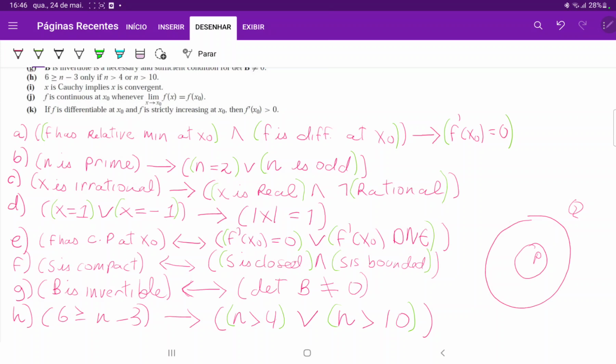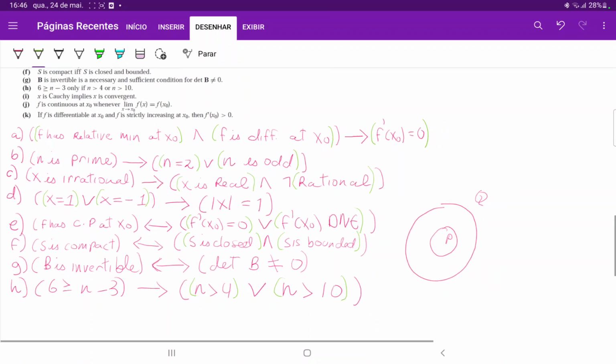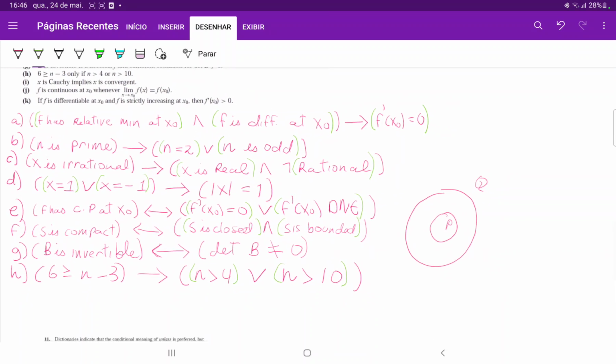All right, so all we're missing now is items I, J, and K. For item I, we have that X is Cauchy implies, I don't know if you say Cauchy or Cauchy, implies that X is convergent. So we have to think of it again. What does it mean? Implies. We have P implies Q, right? P implies Q is the same thing as saying if P, then Q. So we have a conditional statement.